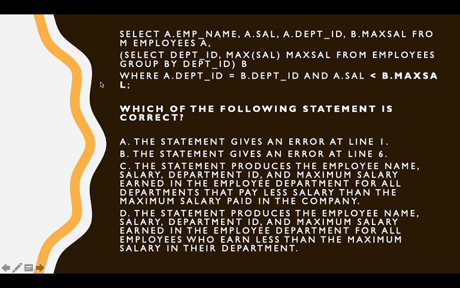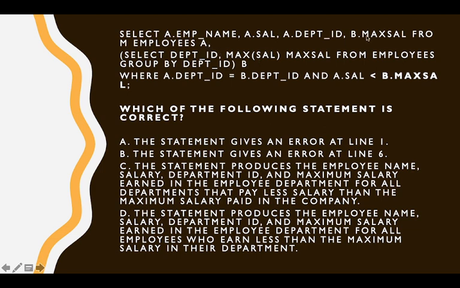So we are given the statement: select A dot employee name, A dot salary, A dot department, B dot max salary from our employees table A, right? And we have given a temporary name A, and then we are selecting department ID, maximum salary from employees, and we are grouping by department ID.